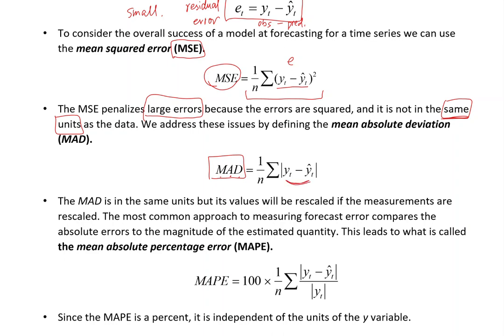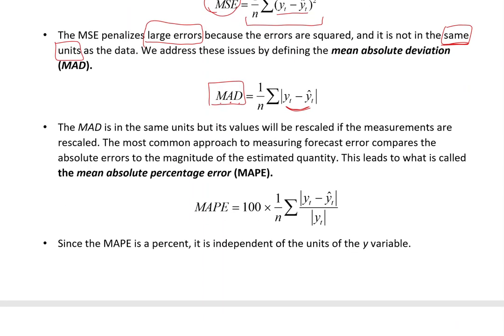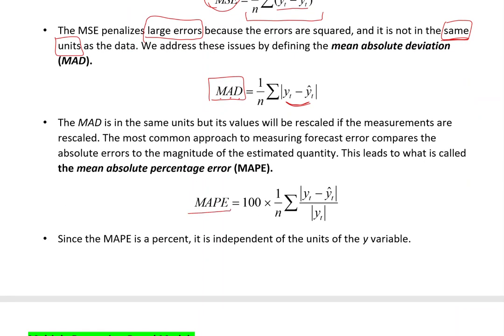So how can we solve this problem? We introduce the next one, which is MAPE, right? So what is MAPE? MAPE is short for the mean absolute percentage error, right? Since we take the absolute value, we do not penalize the large errors, and we also want to solve the unit problem.